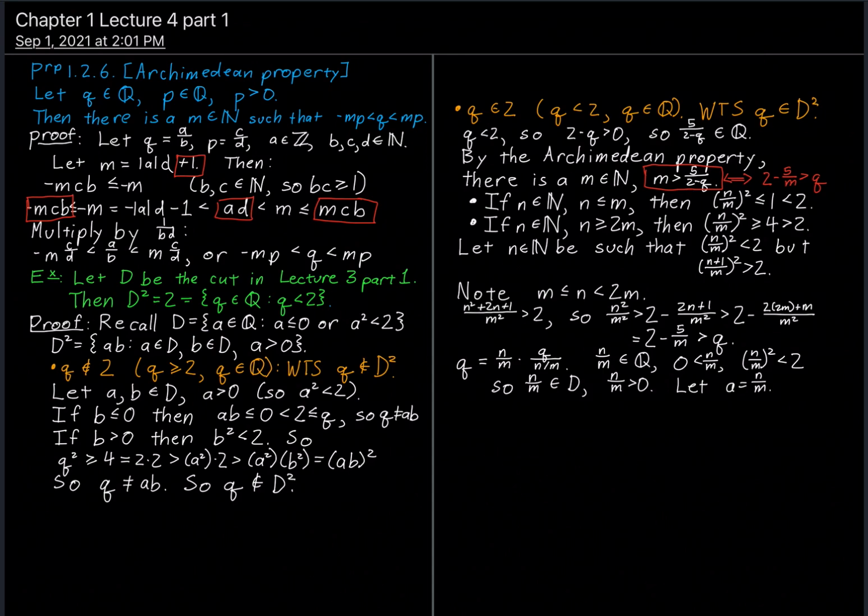That satisfies all the properties of our a in our formula for D times D. Right, now let's think about this second piece, q over m.